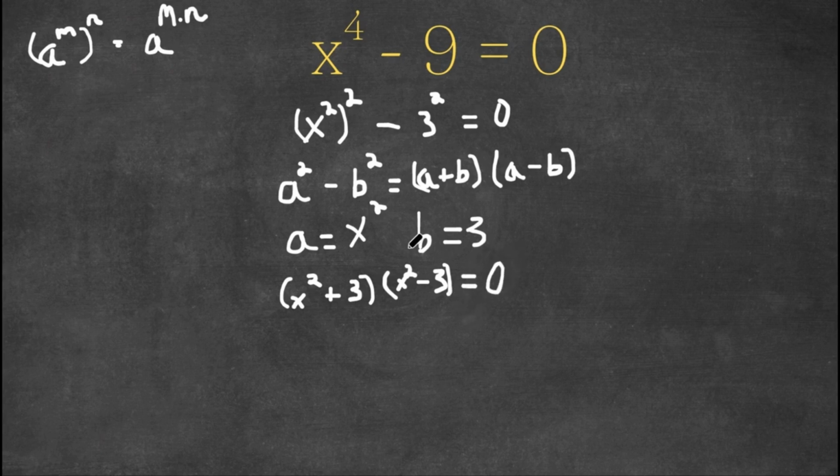So now this equals 0, and this gives us two equations. We have x squared plus 3 equals 0 and x squared minus 3 equals 0.